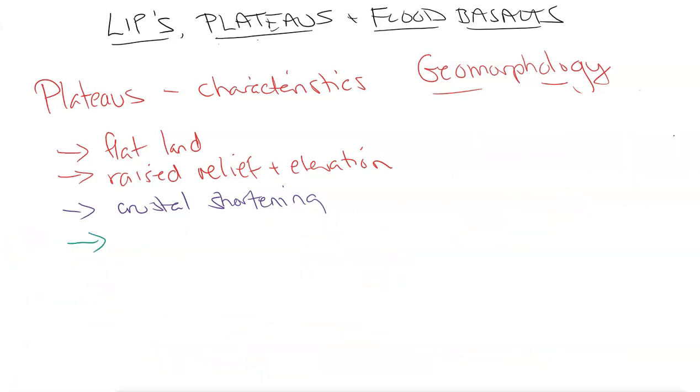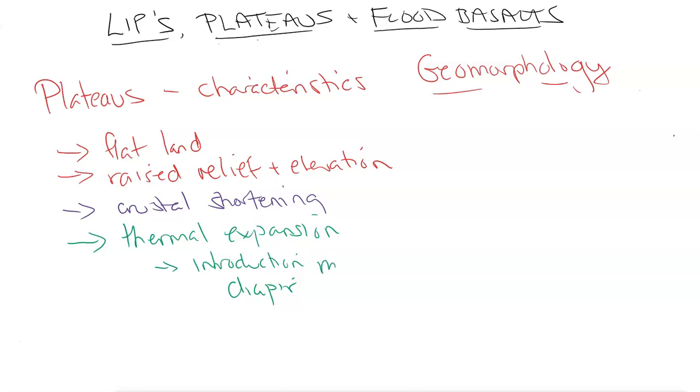Another way of making a plateau is called thermal expansion. That's basically the introduction of a diapir, which is a raised inclusion of usually magma underneath the crust from the asthenosphere, or a mantle plume, which is in relation to hotspots mostly around the world.